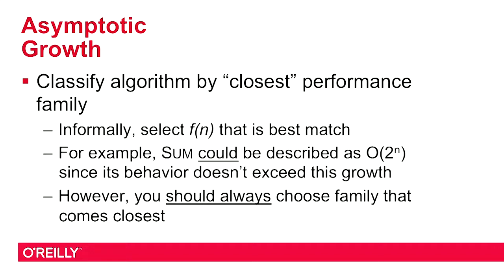However, that's much too high of a ceiling because you can clearly do it in order n. And so you want to find the family of functions that comes the closest to describing the behavior that you're looking for. And for this reason, we spend our time thinking about what's the best case of an algorithm, what's the average case for the algorithm, and what's the worst case.